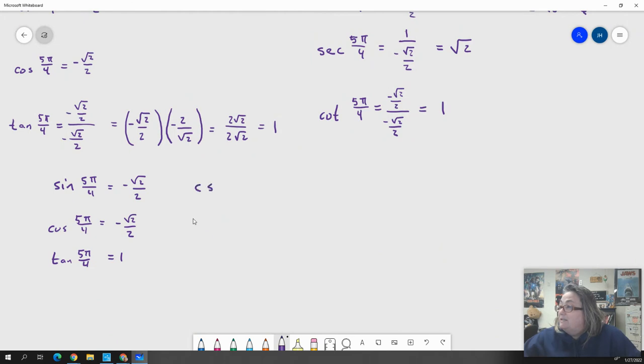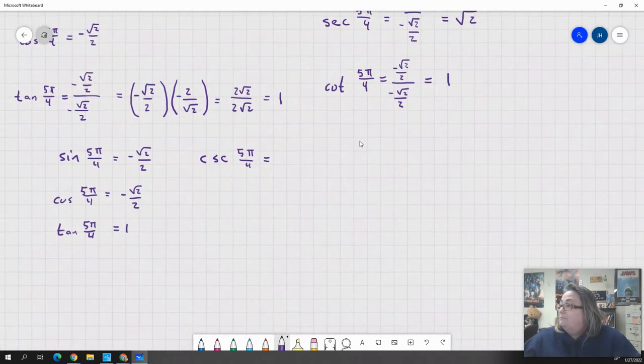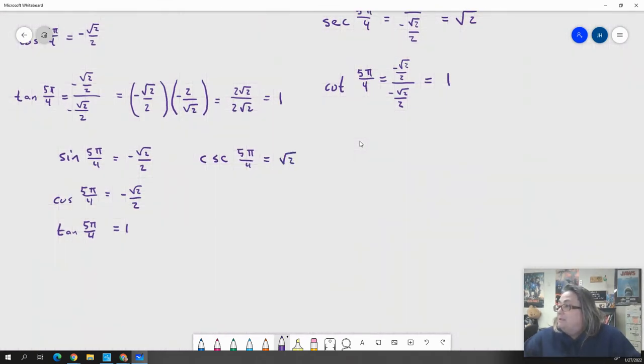Cosecant of 5 pi over 4 equals radical 2. Secant of 5 pi over 4 also equals radical 2. And the cotangent of 5 pi over 4 equals 1.